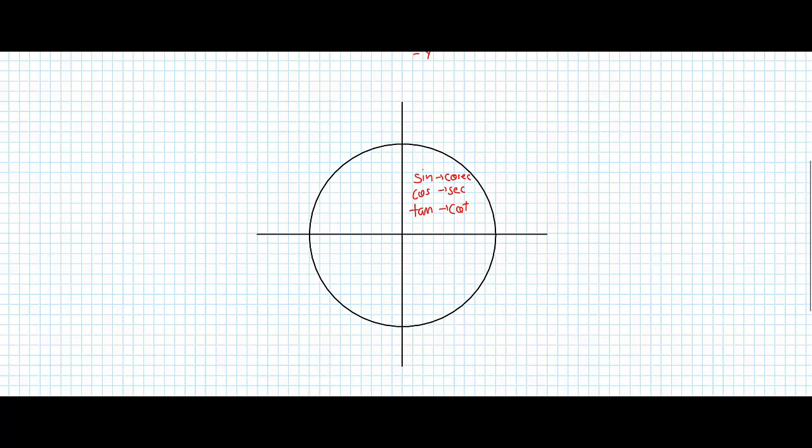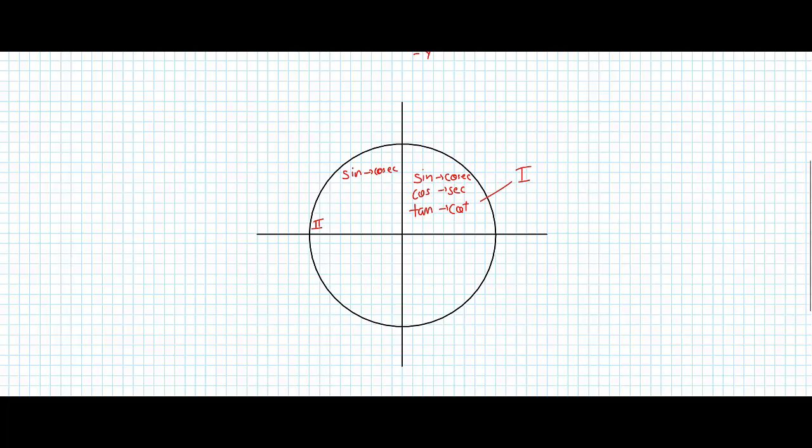Okay. In the second quadrant, let me label this. This is the first quadrant. In the second quadrant, we have sine is positive, which is because it is essentially the y coordinate of these points. Y coordinates are positive. Sine is positive. Therefore, cosec is positive.